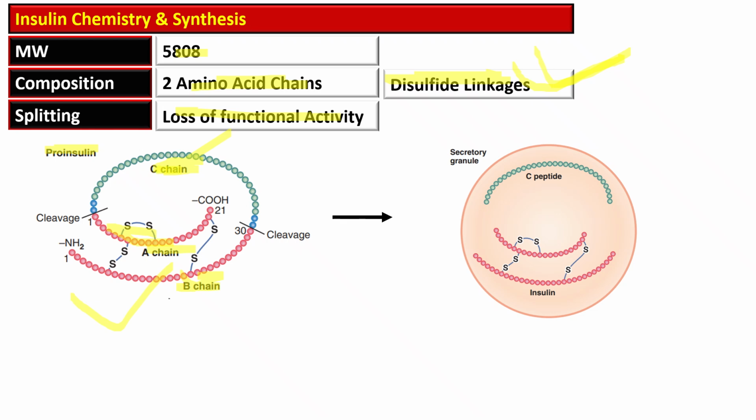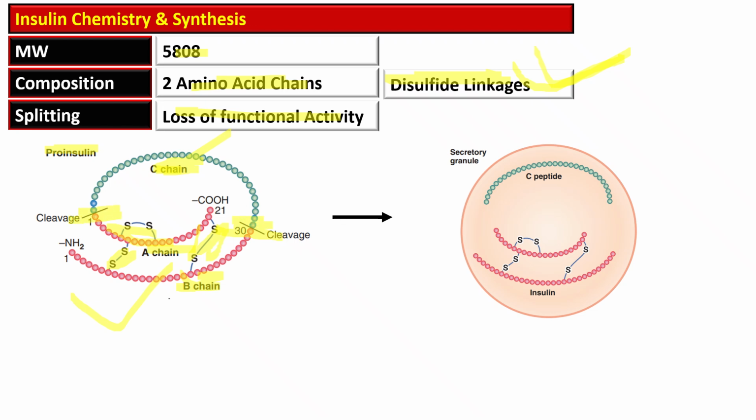And these disulfide linkages are present. These are shown by these blue lines connecting sulfur atoms between the A and B chains. These bonds stabilize the active structure of the insulin. So the cleavage sites are marked at both ends of the C chain.